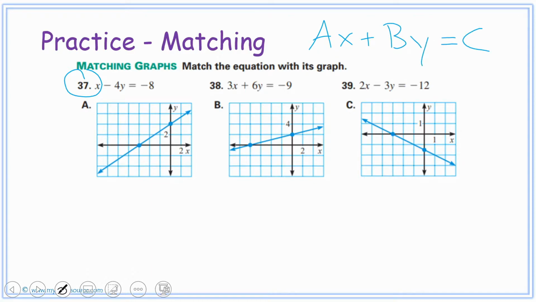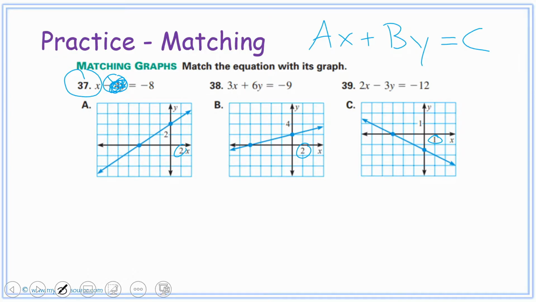All right, so if you were to set y equal to 0 here, it would basically disappear, and you have x equals negative 8. So basically you need to find a graph where x is at negative 8. Now notice this graph is going by 2's, this one's going by 1, and this one's going by 2's. So keep that in mind. So all of them have an x value of negative 8.